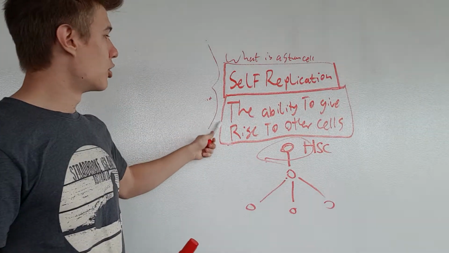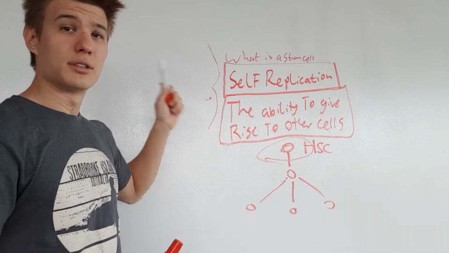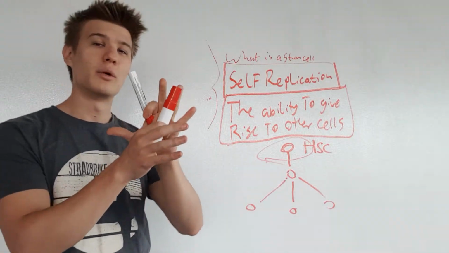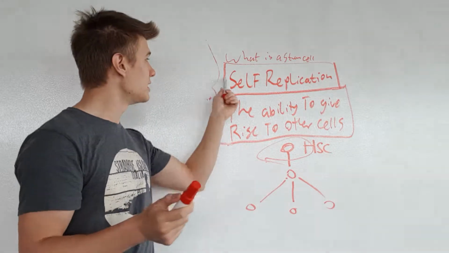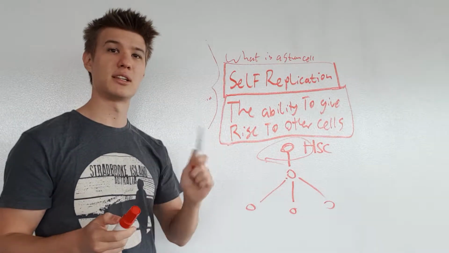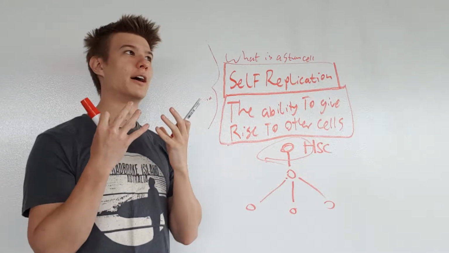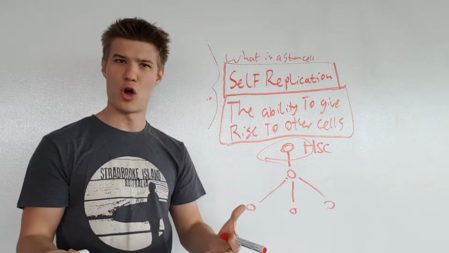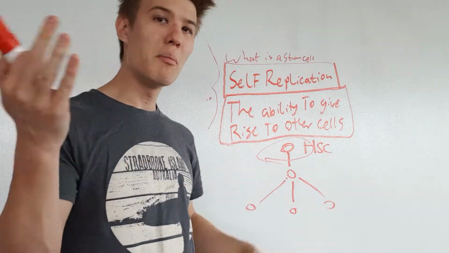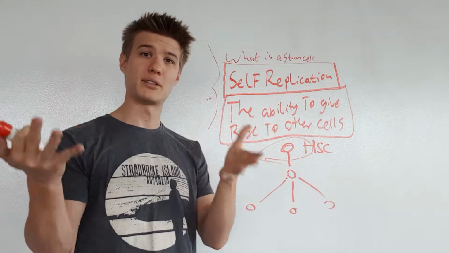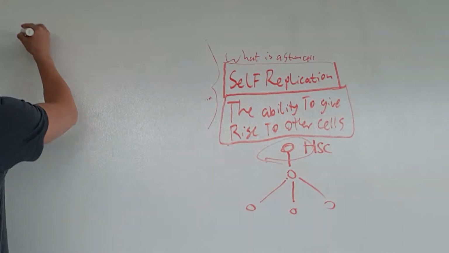The ability to give rise to other kinds of cells, that's the challenge. But we need to have an assay, a way of verifying that these two things are present in the cell. And we need kind of a hard test to know what the case is, right? So, how many divisions makes a stem cell, right?